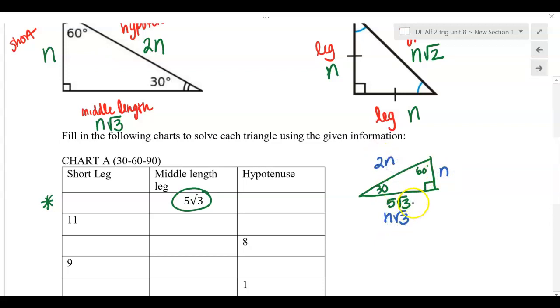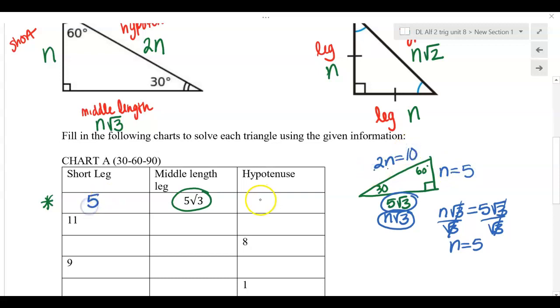So the number times rad 3 equals 5 times rad 3. If I solve that little mini equation, the number I'm looking for is 5, which means the short leg is 5, and the hypotenuse is 2 times 5, which is 10. So the numbers filled into this pattern would be 5 and 10. Okay.